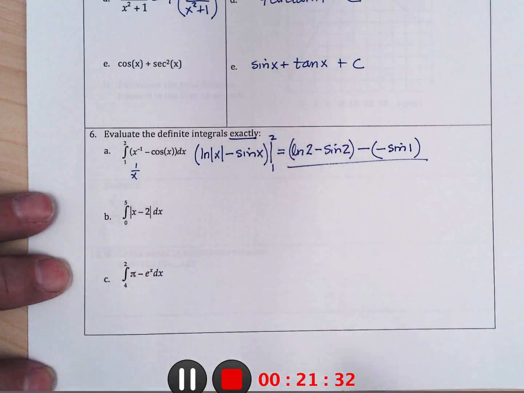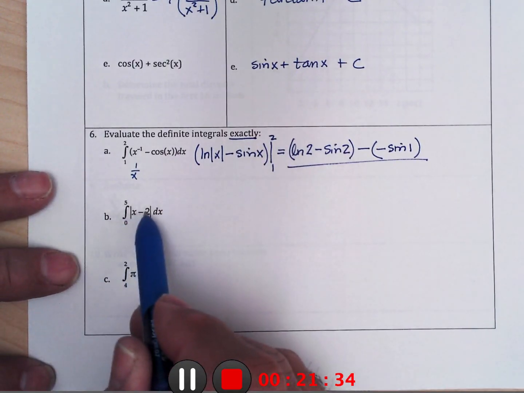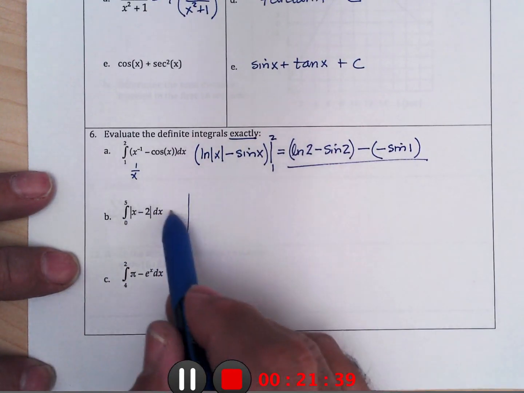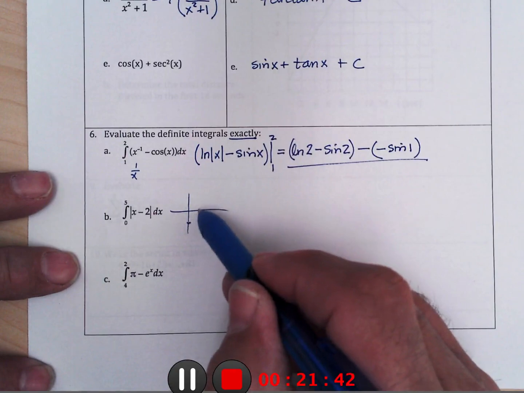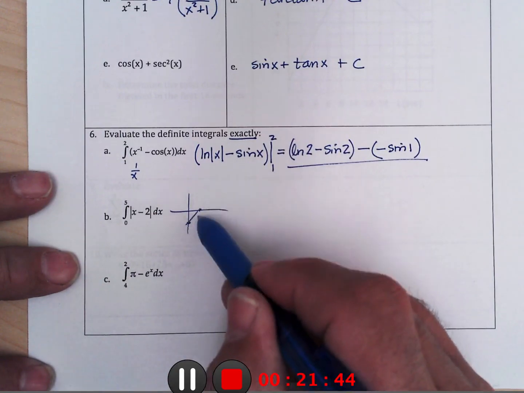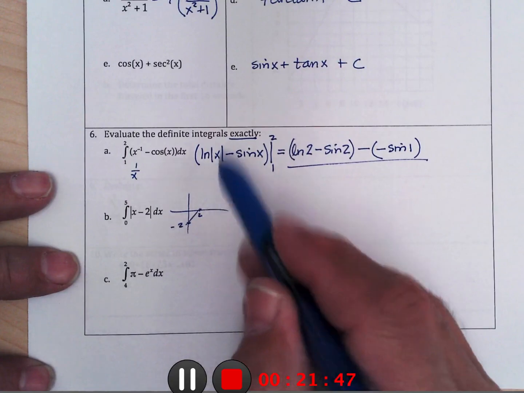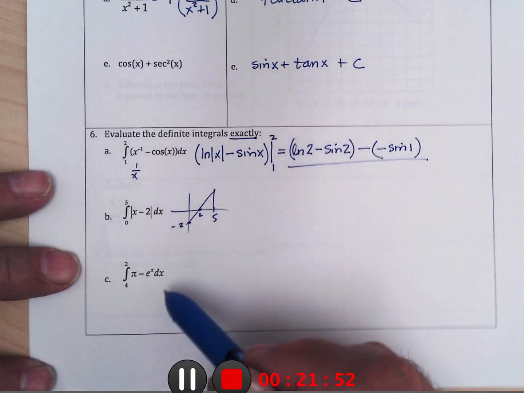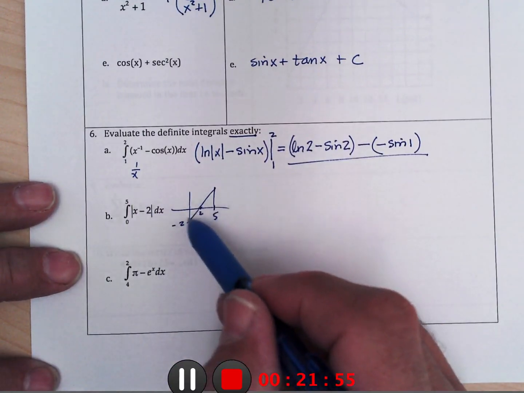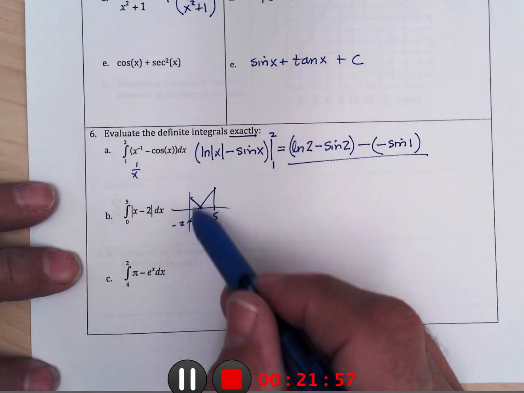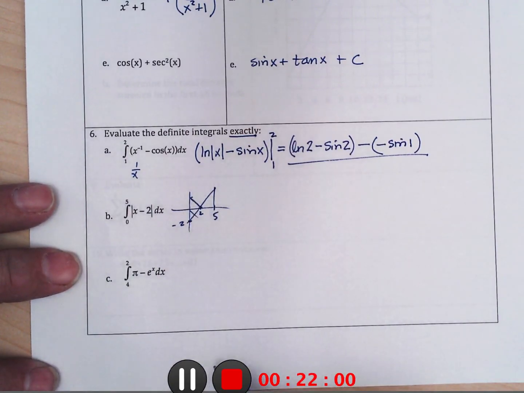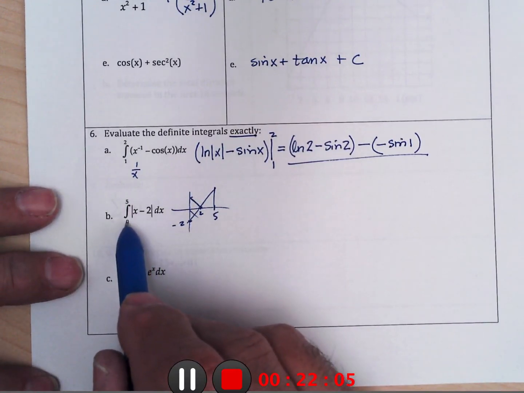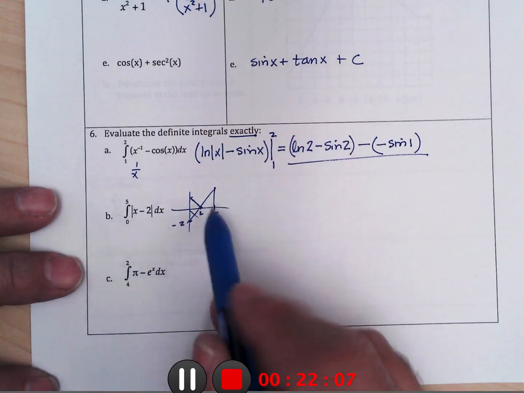Now this one, x minus 2, that's a slope of 1 going through minus 2. If it didn't have absolute value, a slope of 1 would look like this, where that's 2, that's minus 2. And we're going out to 5. But the absolute value takes this part and makes it up here, flips it over. So, if we're doing the antiderivative of an absolute value, any part that's negative, we have to change the sign on.